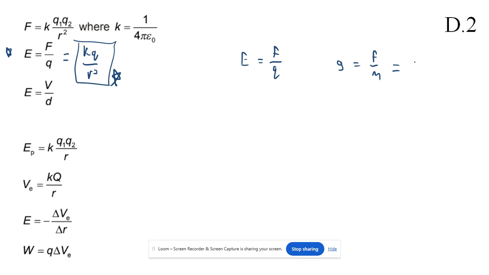So this one is G m over r squared. By the same token, this one is going to be some constant times Q over r squared. If we are some distance from a charge, then we can talk about the force per unit charge on any charge you hypothetically place there.